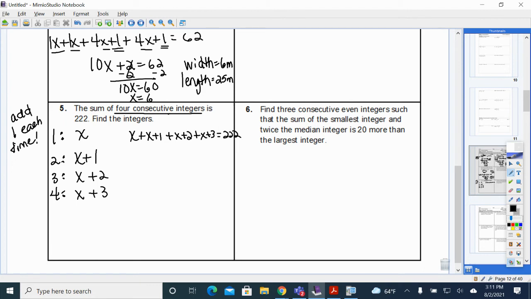So combining my like terms, I have 4 x's plus 1 plus 2 plus 3 is 6. So we end up with 4x plus 6 is equal to 222. Now at that point, what we want to do is subtract the 6.